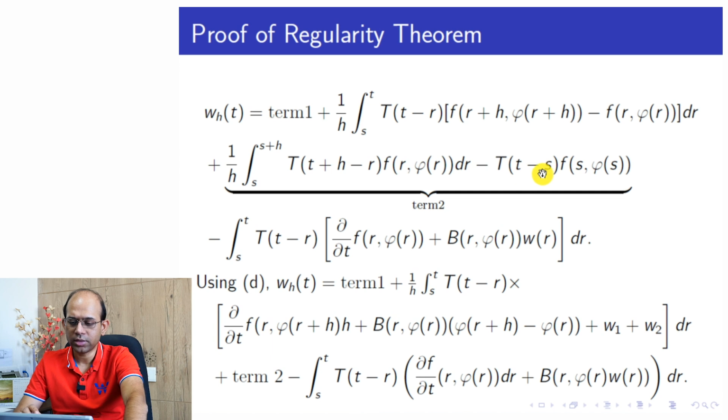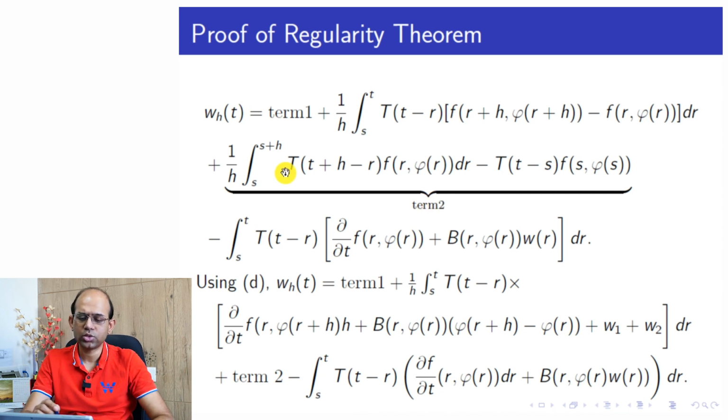So these two terms we are now clubbing together, and we call this term 2. Why do we call this term 2? Because this is very easy to manage. Here, if we see very carefully, capital T of t minus s f of s phi of s appears, and here this 1 over h is like a mean average.